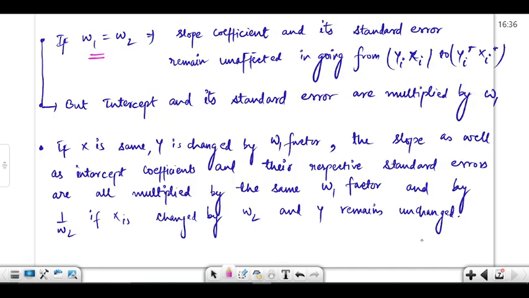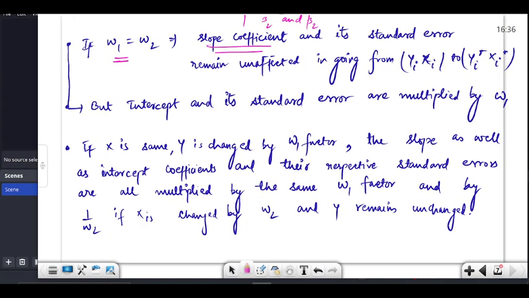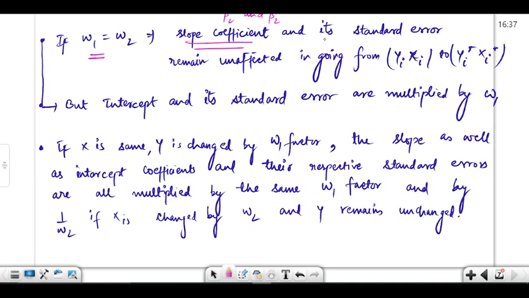So this implies that the slope coefficient, that is beta 2 hat and beta 2 hat star, and its standard error remain unaffected in going from the normal variables to the scaled variables. Okay, so if W1 is equal to W2, there is no change in the slope coefficients or its standard errors. But the intercept and its standard error are multiplied by W1.